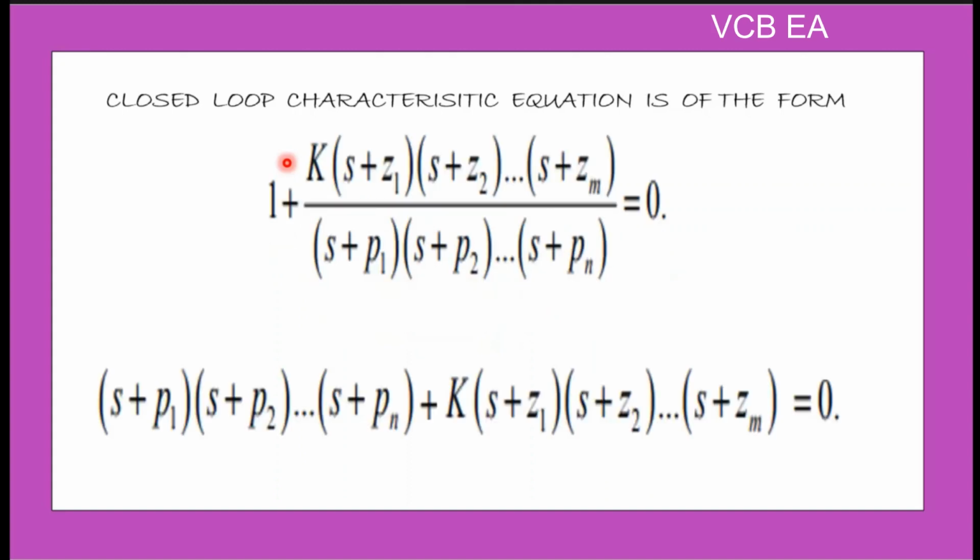By multiplying with the denominator on both sides, the characteristic equation will become S plus p1, S plus p2 and so on, S plus pn plus K into S plus z1, S plus z2 and so on, S plus zm equal to 0. As the roots of this characteristic equation are also the poles of the closed loop system, we will now discuss what will be the roots of the characteristic equation when K is tending to infinity.